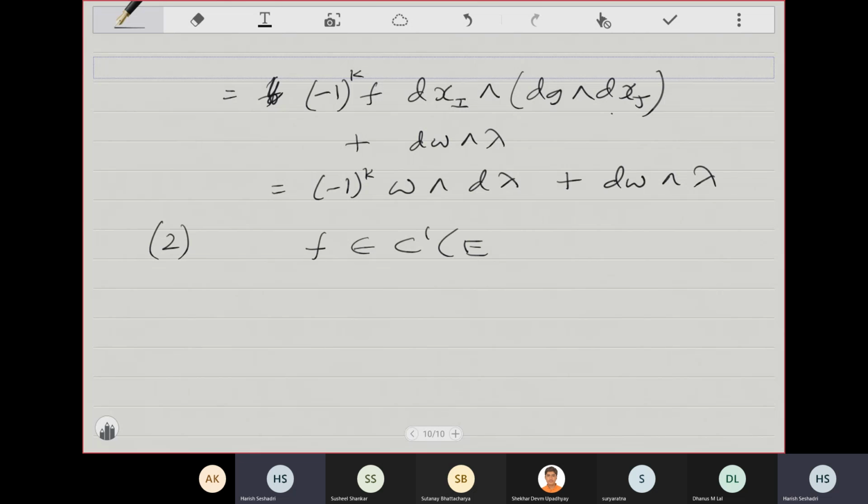Let's start with a C1 function f. Let's look at d, by the way, we'll write it as d squared f, d of df. So we would expect this to be 0. Why is that? So let's see.